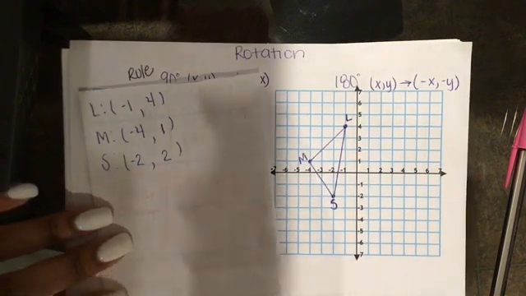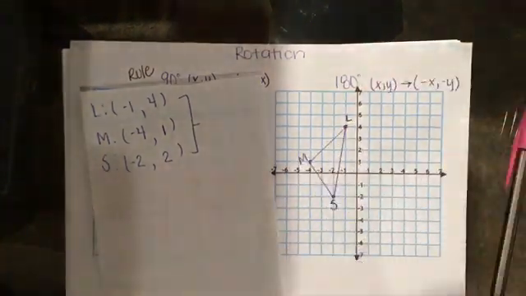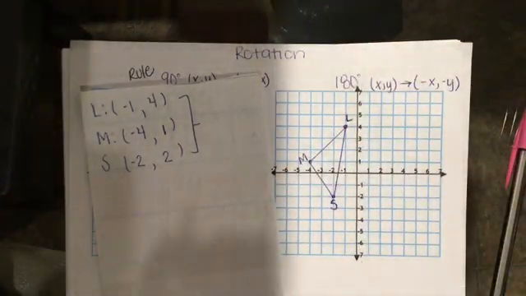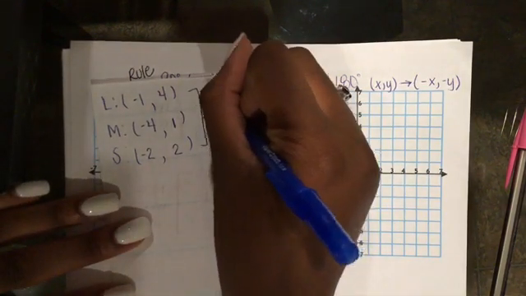So bam, that's what I got. If you didn't get what I got, pause the video. Go back, see where you may have messed up at. This is our pre-image.